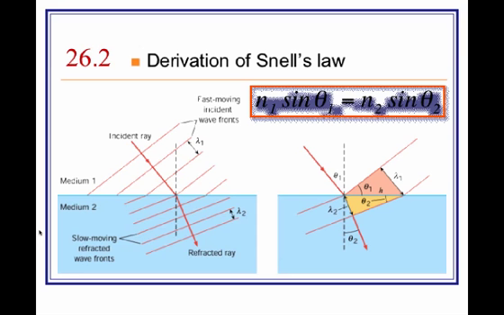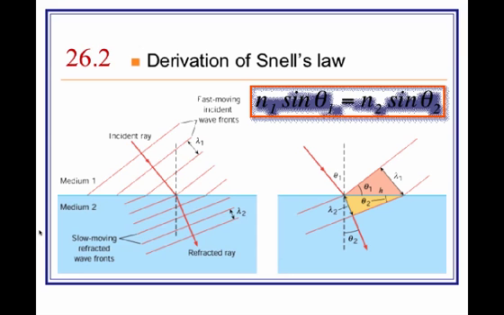Snell's law occurs because as a wave moves from one medium to another, it bends. This is because the speed changes, and it has to do with the wave nature of light, since light is both a wave and a particle.